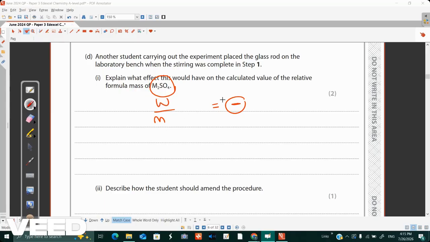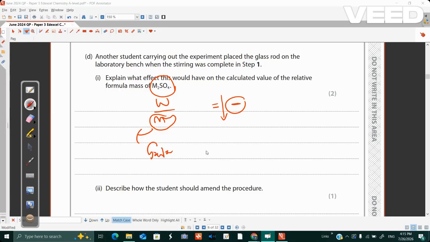If you have a low mass, it means you will get a large m sulfate value, right? So you will get a greater m value, right? In the calculation you are going to get a greater m sulfate value, right?